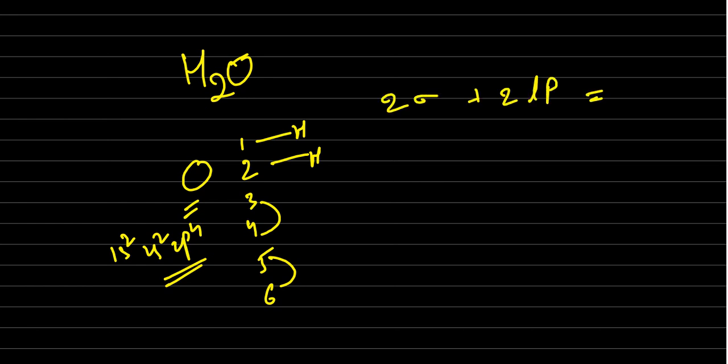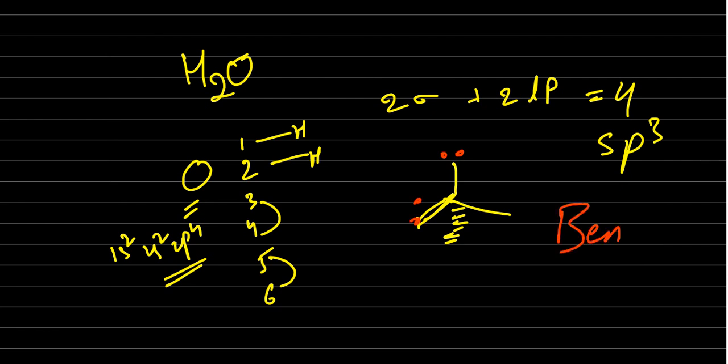The total is 4, which means hybridization is sp3. Now take the tetrahedral structure and keep 2 lone pairs. The remaining structure is just bent. Hybridization is sp3, geometry is bent.